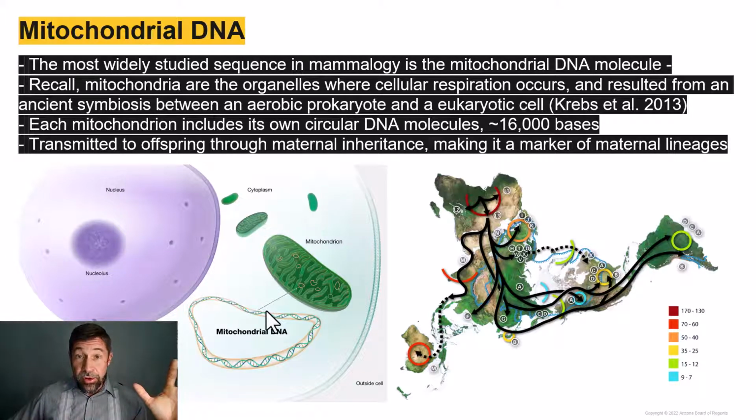And then further, the protein coding genes in the mitochondrial DNA are highly conserved, meaning they don't mutate very often. That said, there are other loci in the mitochondrial DNA that evolve very rapidly. So this means mitochondrial DNA is very diverse in terms of the scale of the questions that you can ask.